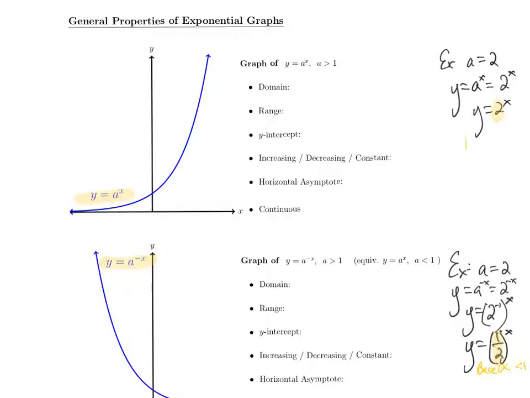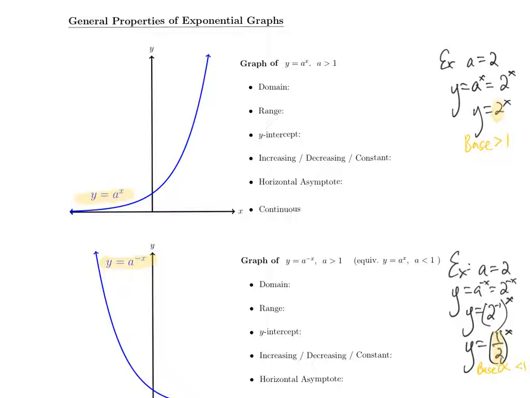And for this, we have a base that is greater than 1. And that just has to do with multiplying. Does multiplying by something make it grow or shrink? If we multiply by something bigger than 1, it makes it grow. If we multiply by something between 0 and 1, it makes it decrease.